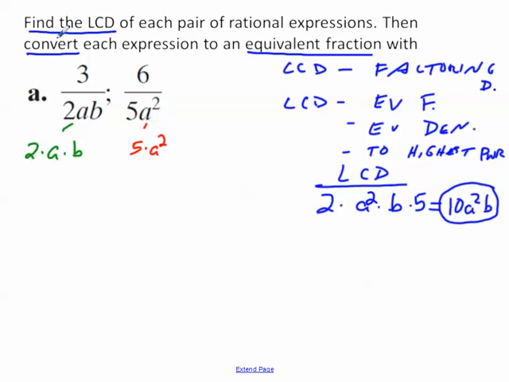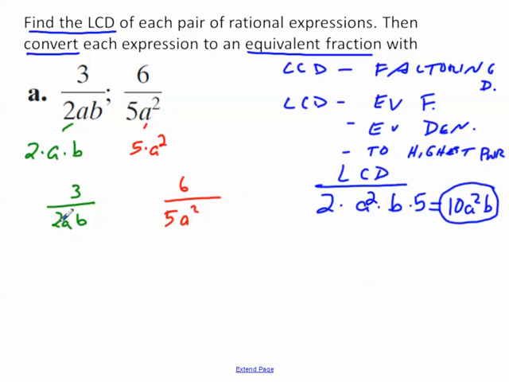Now we've got to convert to an equivalent fraction. So we've got to say what's missing in each denominator. Here's my green fraction, 3 over 2ab. And here's my red fraction, 6 over 5a squared.